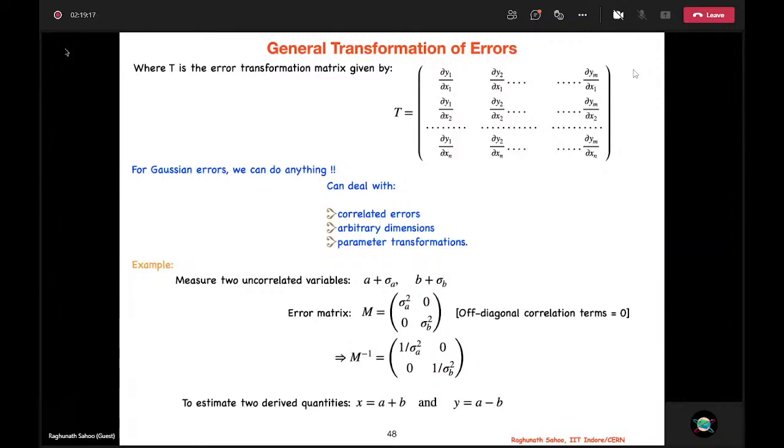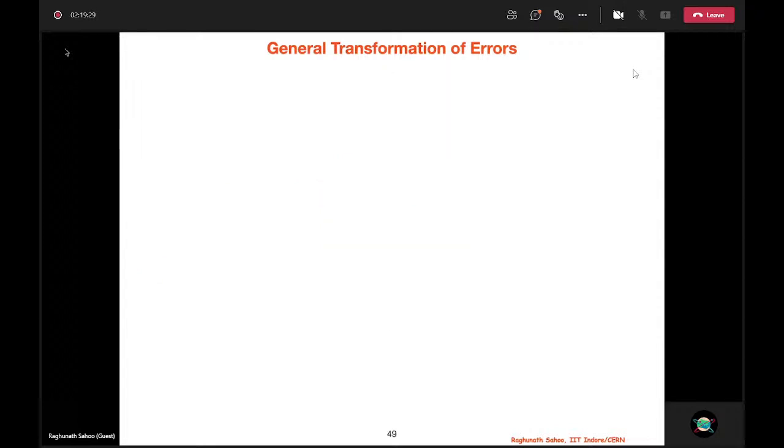Now I am to estimate the two derived quantities x and y, which are A plus B and A minus B respectively. So it is essentially equivalent to the basis transformation or coordinate transformation, right? So now I write the transformation matrix, which is essentially the Jacobian matrix: partial x partial A, and then partial x partial B, and similarly for y.